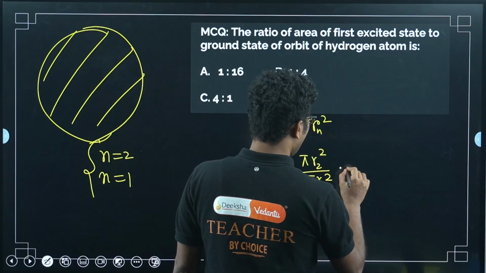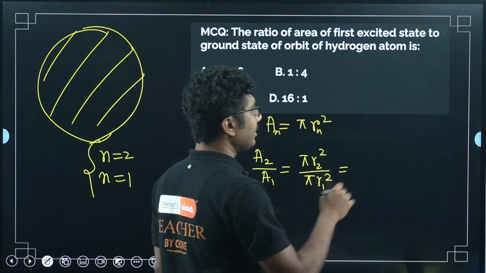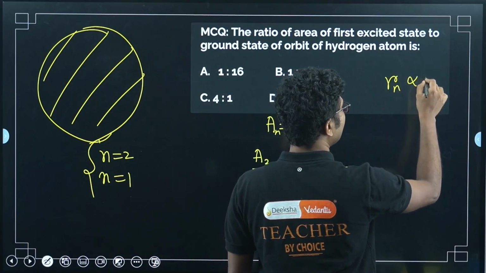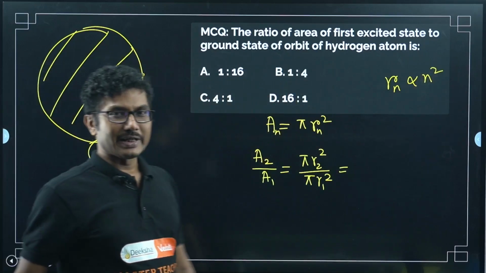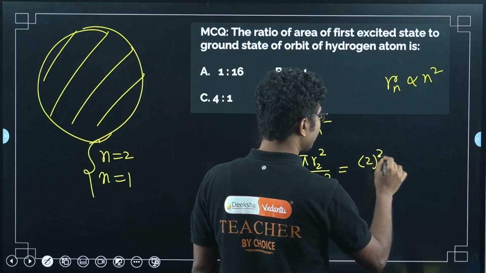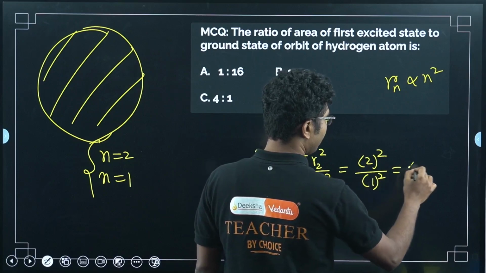Now we know that Rn depends on n square. Everything else is constant, so they will cancel. So we will get 2 square divided by 1 square, so it will be 4.